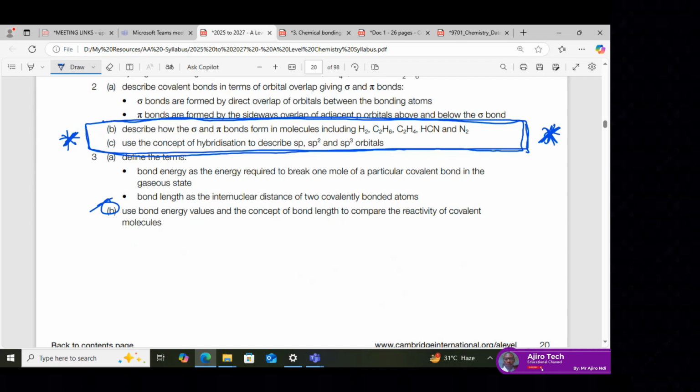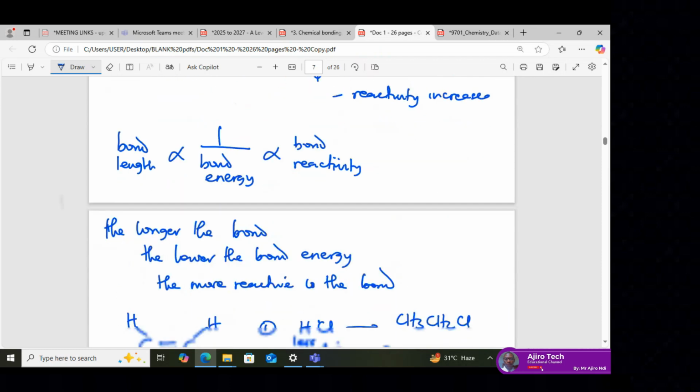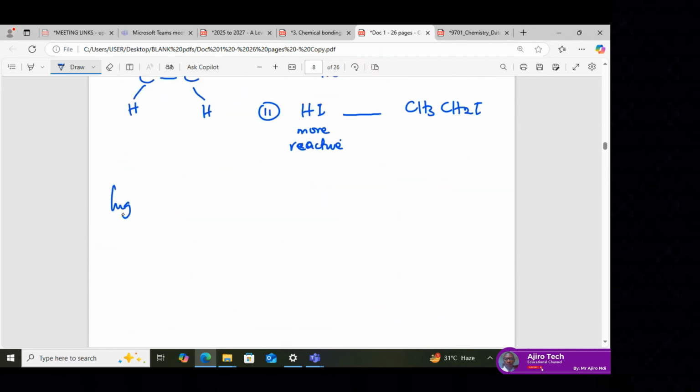Use bond energy values and the concept of bond length to compare the reactivity of covalent molecules. We have said that when the bond energy is high, that means lower reactivity.